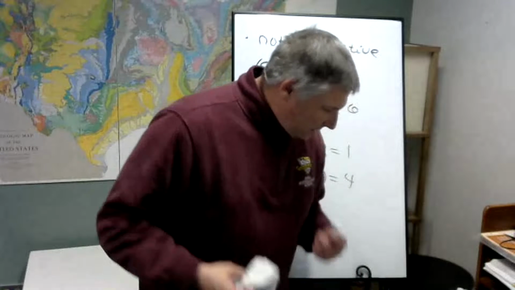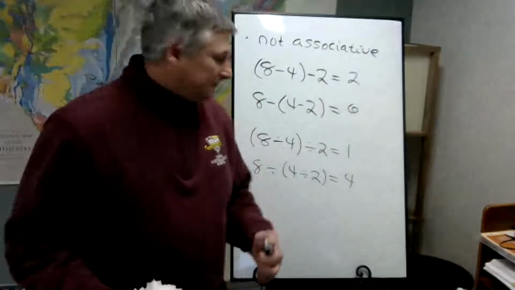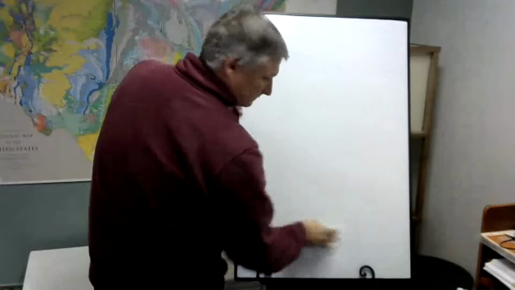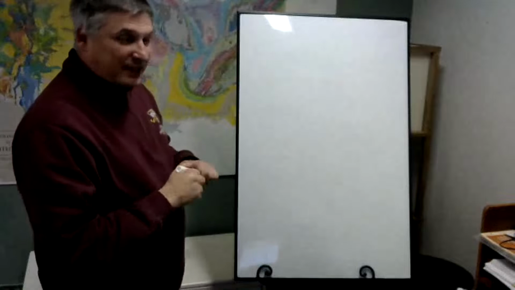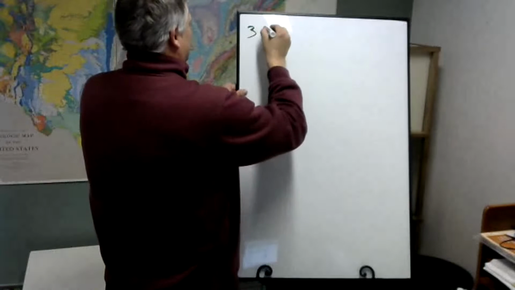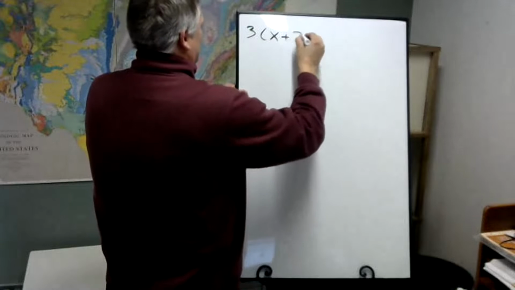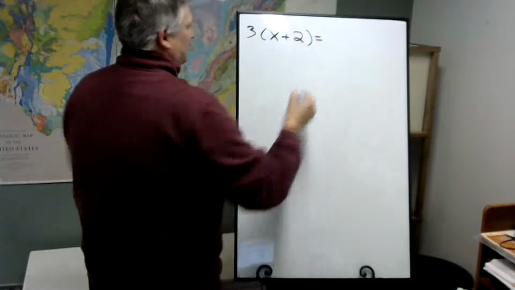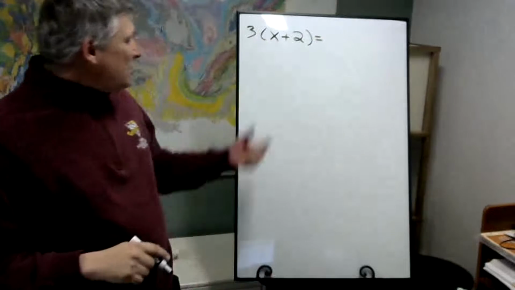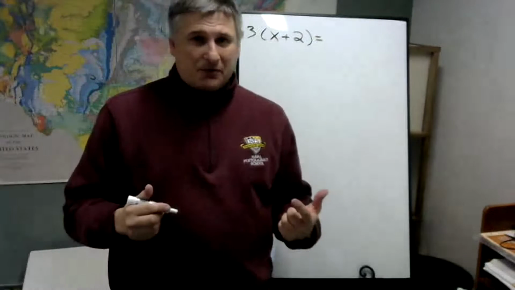So what good does this do for us? Well, let's go back to our conundrum. Let's say we have something like this. What can we do with this? Well, we're supposed to do the parentheses first.